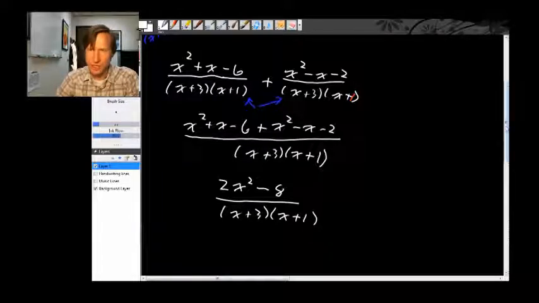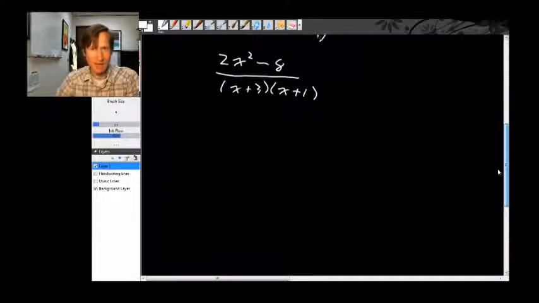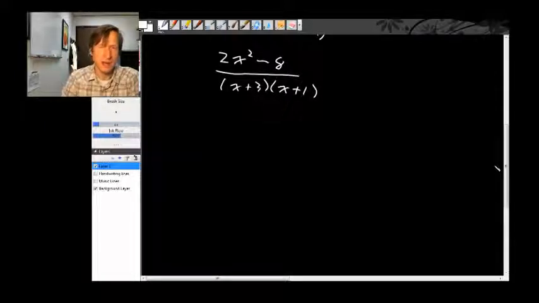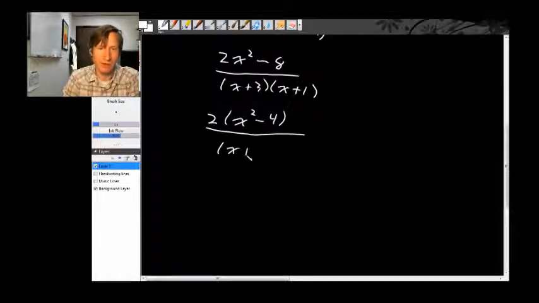Now we should think about if we can simplify this rational expression at all. And we can check if this simplifies by just factoring everything and seeing if anything cancels. So in the numerator, we can factor out a 2, so that's going to leave x squared minus 4. In the denominator, it's already factored, so we can just leave it alone. (x + 3)(x + 1).